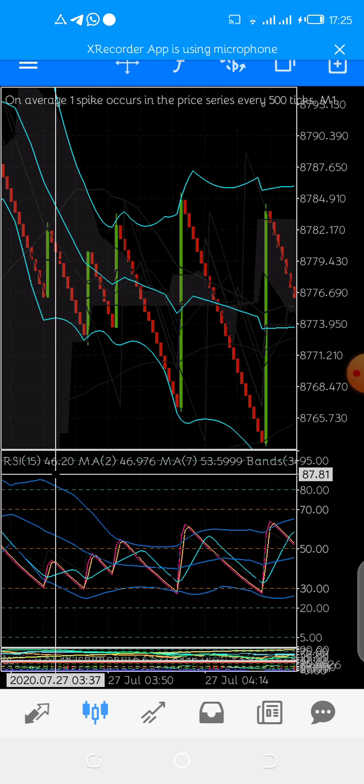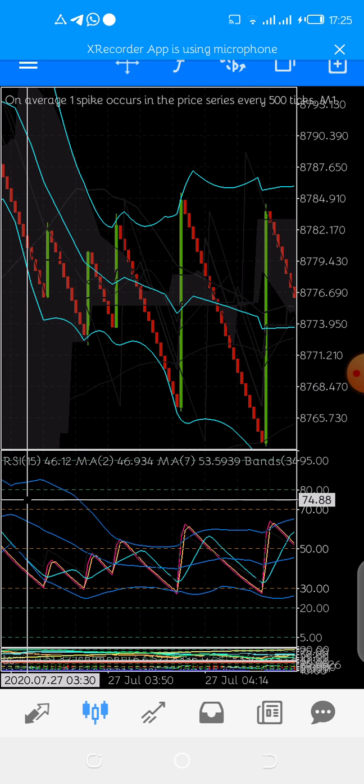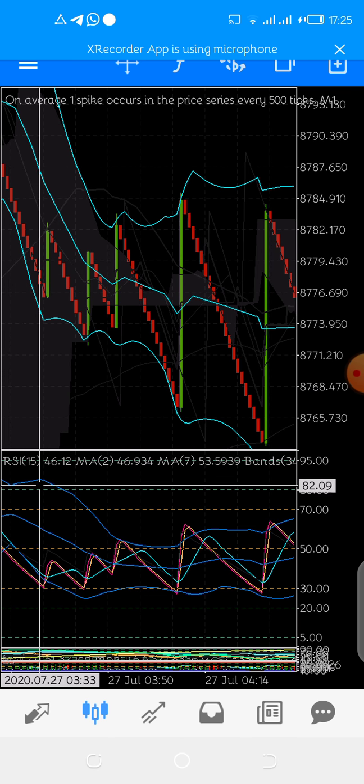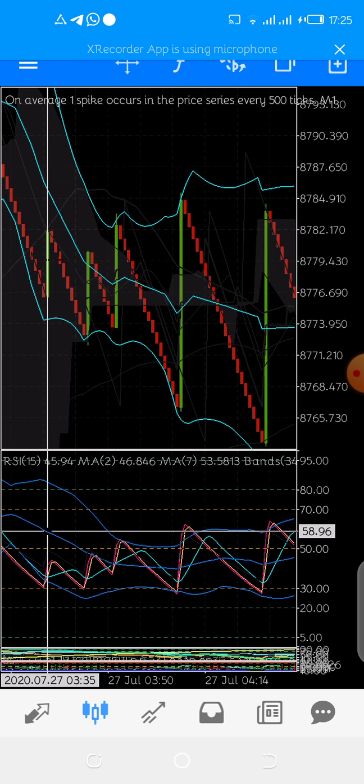At the same time you see the circle was facing down, and the Bollinger Band here was a bit inflated, looking like a balloon, roundish, you see.